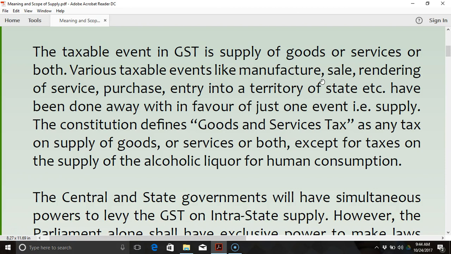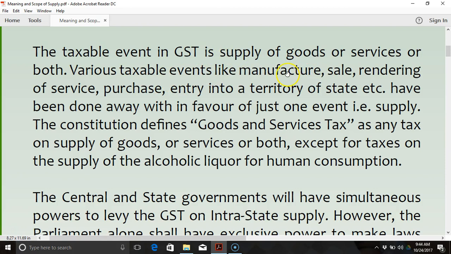Now, when all these, Central Excise, VAT and sales tax, are merged, subsumed into one particular indirect tax, GST, therefore manufacture, sale, service, purchase, entry into territory of state, all these taxable events are subsumed and made into one particular taxable event, that is supply. That is what is being told.